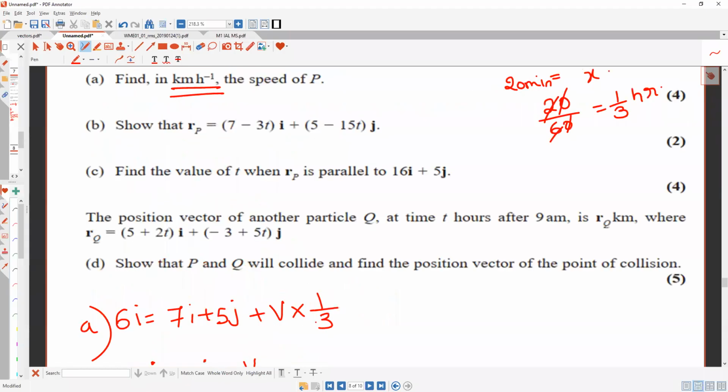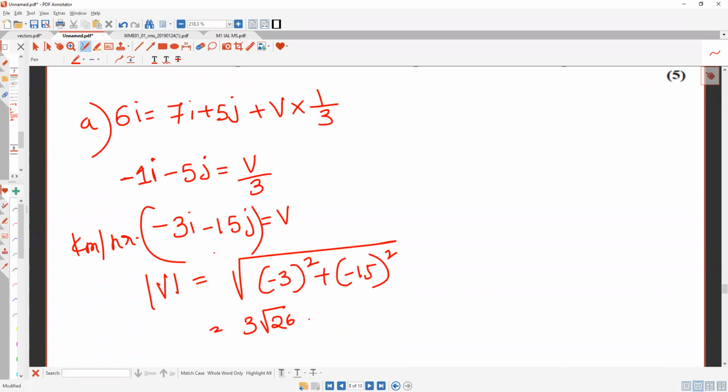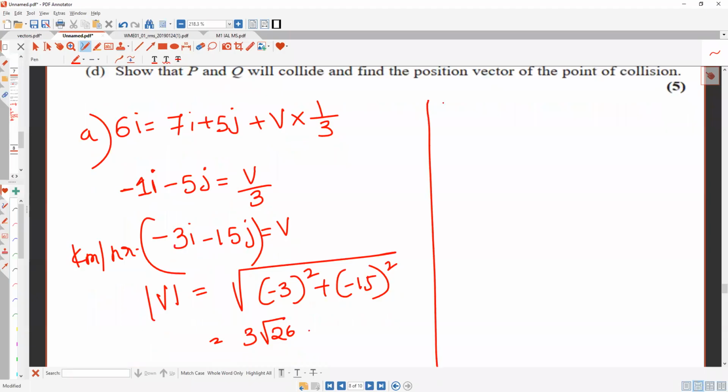Then they are saying, show that the RP is so and so. For that I need to know the velocity. Velocity I know. So let me read the B part. Your final position vector we don't need, because we need RP. RP is equal to initial position vector, which is 7i plus 5j, plus velocity, which is minus 3i minus 15j, into t.